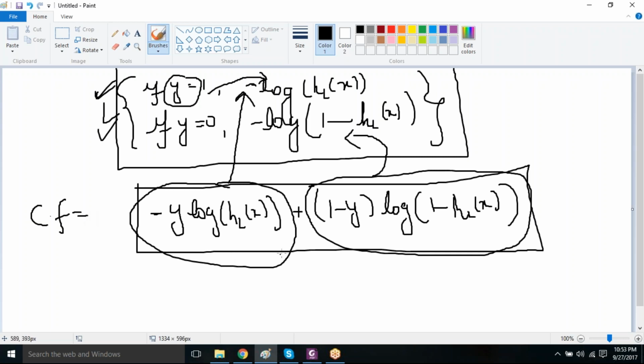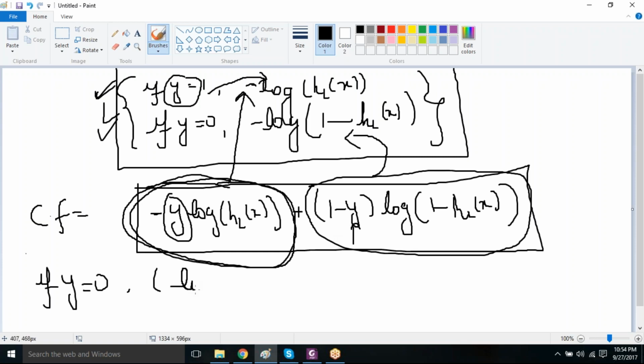See, suppose my y is equal to 0. What will happen? This whole term will become 0. So what will be remaining? This y is 0, so 1 minus 0 will be just 1.